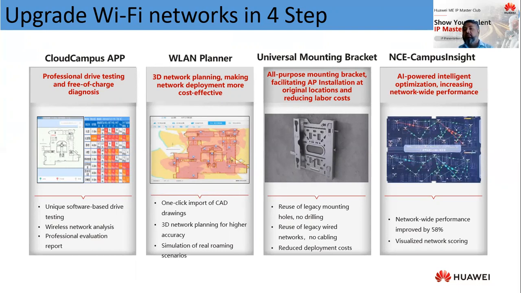Lastly, what we go to the customer with is NC Campus Insight. What does it do? It gives us a predictive analysis of what's happening in the network, and if there is a point where it's detecting any failures or issues, it gives predictive notices, and we can do the fault detection even before the fault actually occurs.